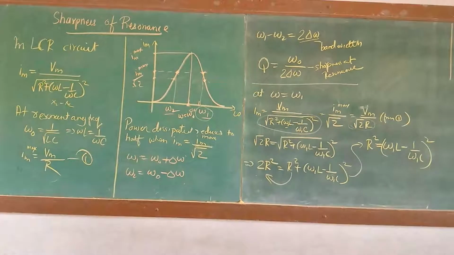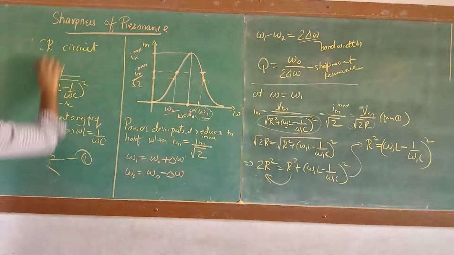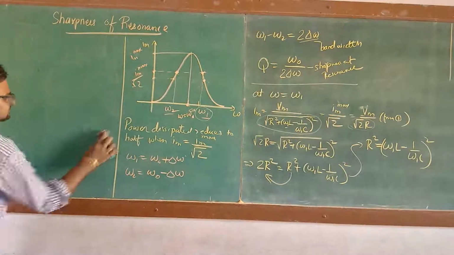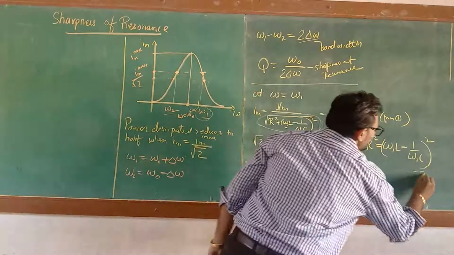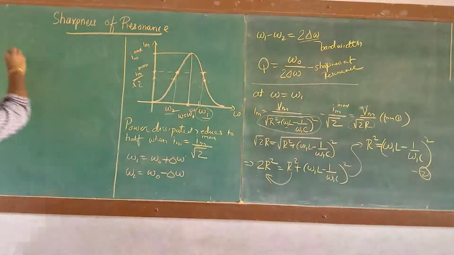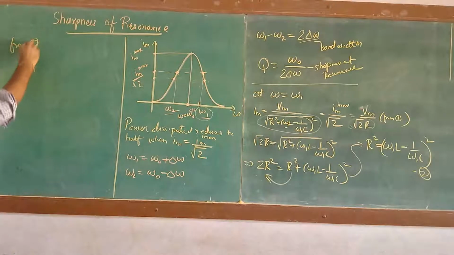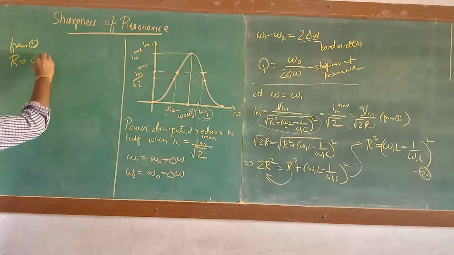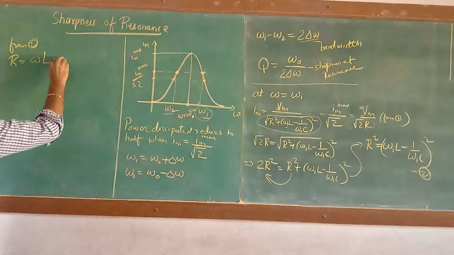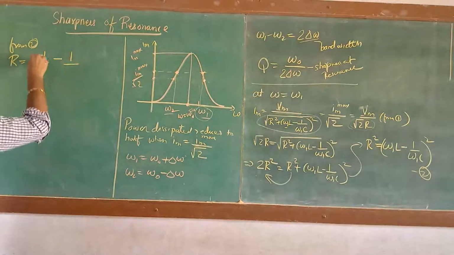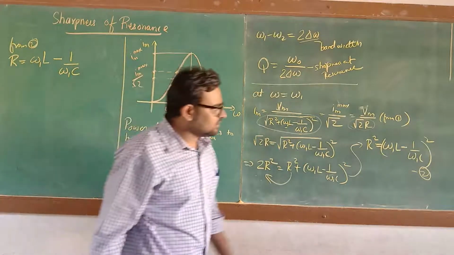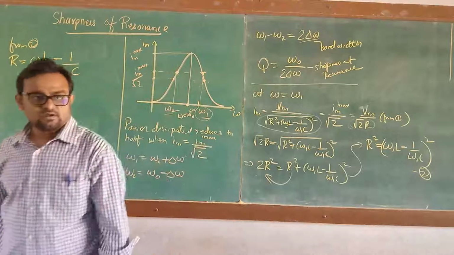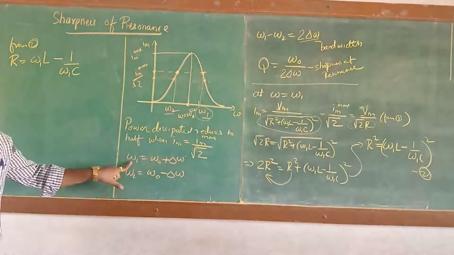Now we can take the square root. Let's name this equation 2. From 2 I will get R equal to omega 1 L minus 1 by omega 1 C. Clear?